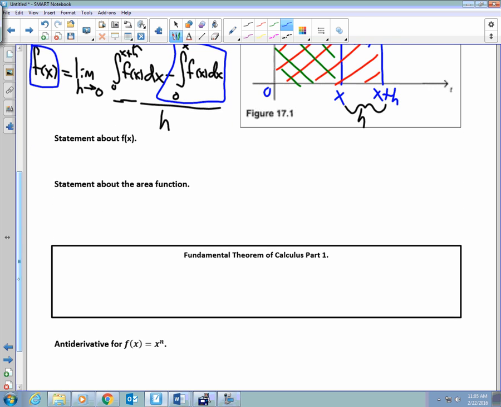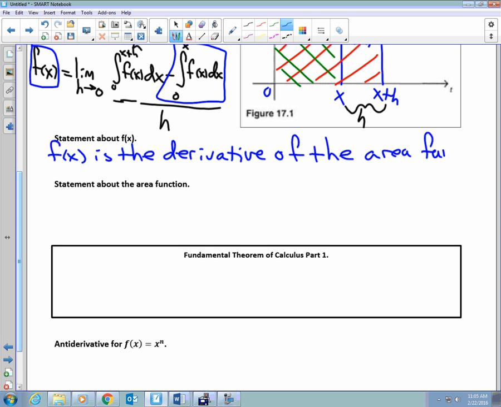Statement about f of x. The derivative, or f of x, is the derivative of the area function.